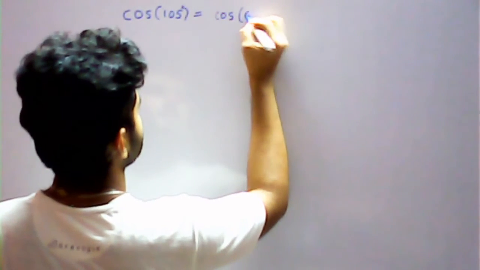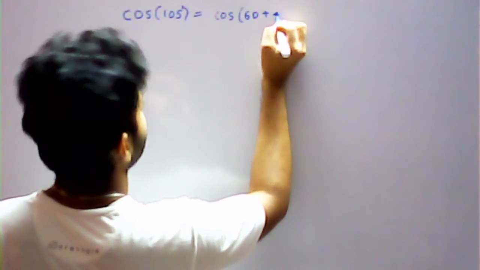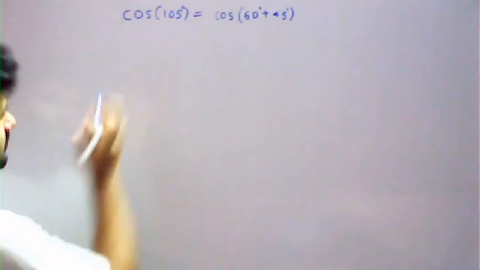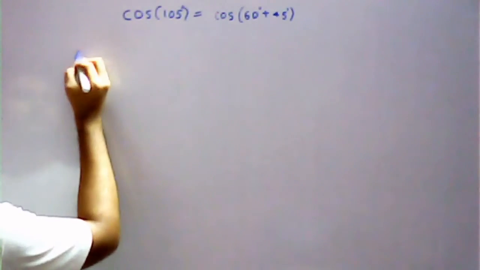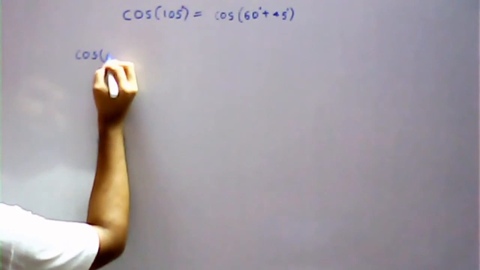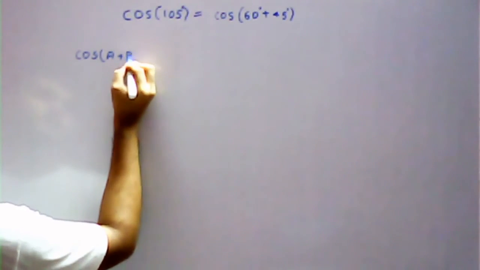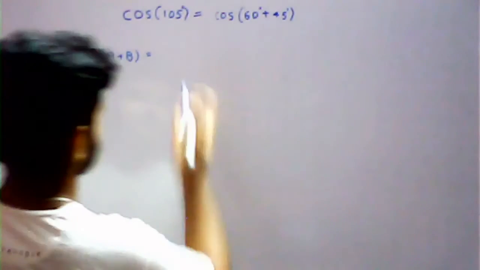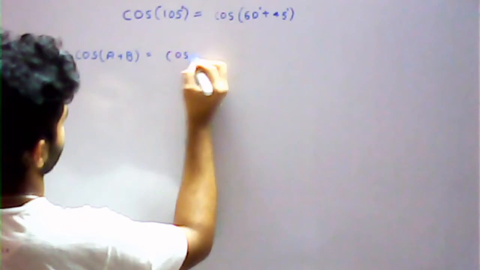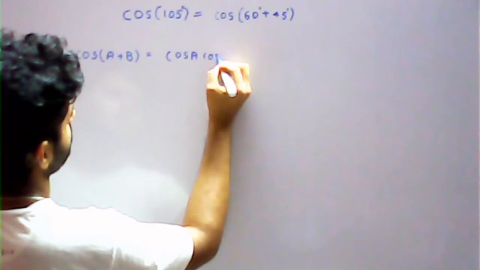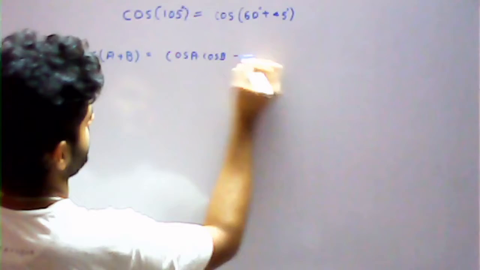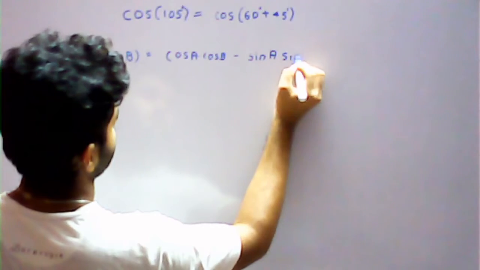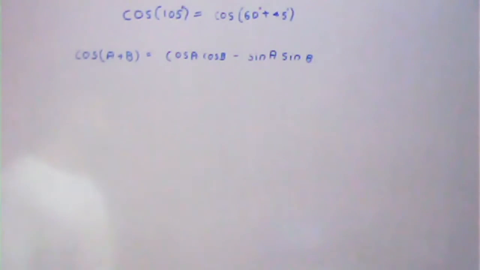Cos of 60 plus 45. Now this is in the format of cos A plus B. This formula is very well known to us, which is cos A cos B minus sin A sin B. Please remember this thing.